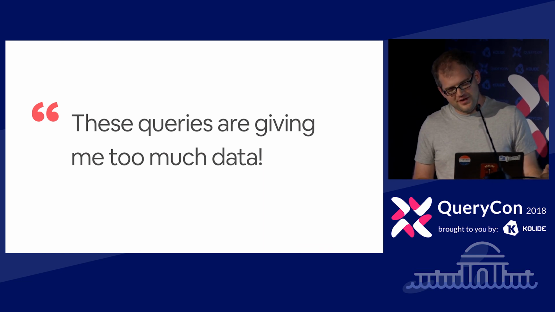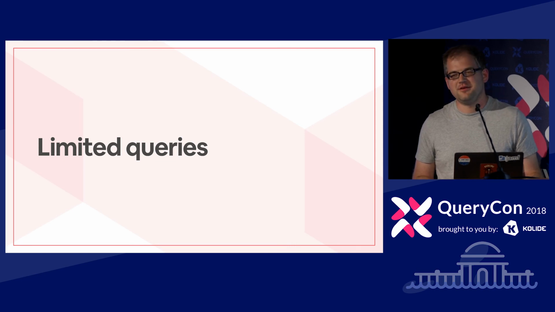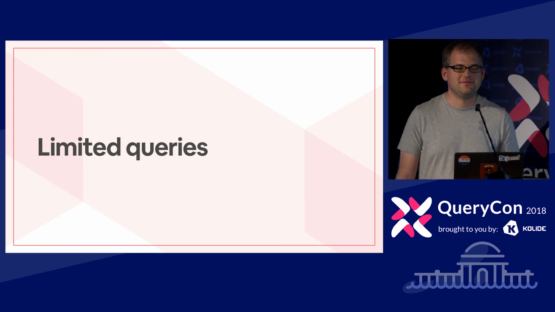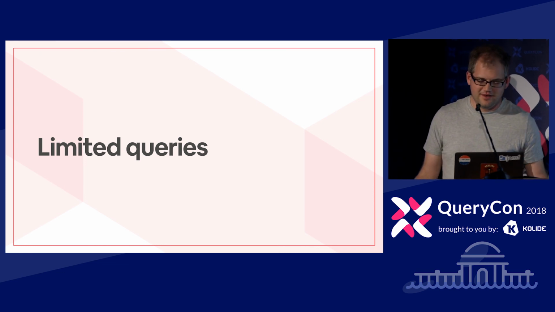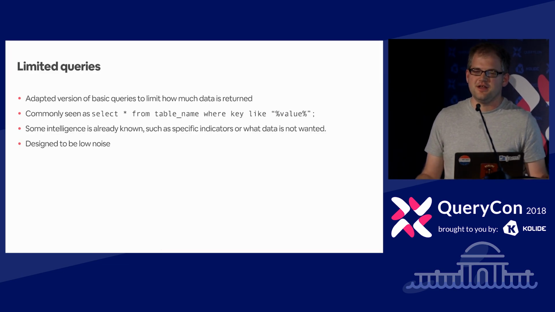So you're going to move on to what I would call a limited query. What a limited query is to me is an adapted version of a basic query where you said, I was getting too much data back, I want to look for something more specific. So in the SQL syntax, you're probably going to have a where and limit back what you want.